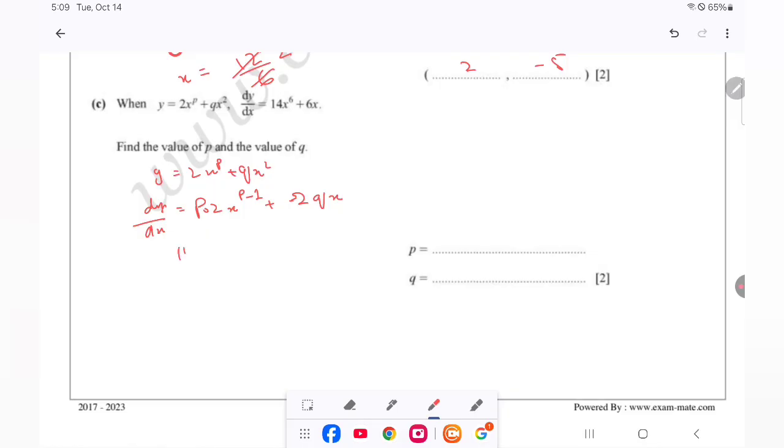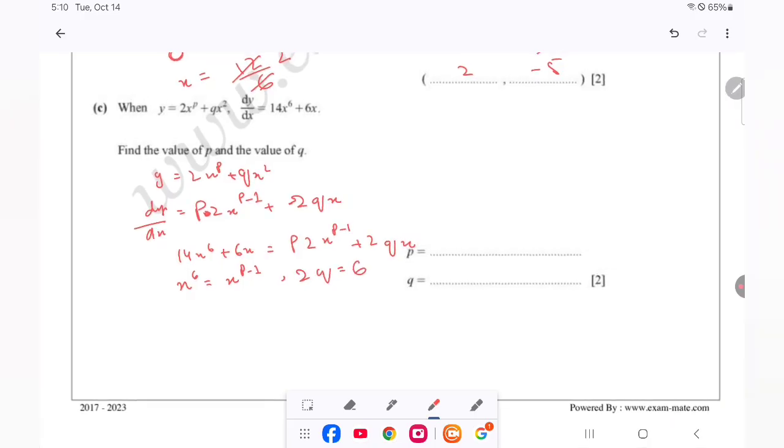So first we have to compare 14x to the power 6 plus 6x equals 2p x^(p minus 1) plus 2qx. Comparing the coefficients, x to the power 6 equals x^(p minus 1), so 6 equals p minus 1, and by adding 1 on both sides, p is 7.